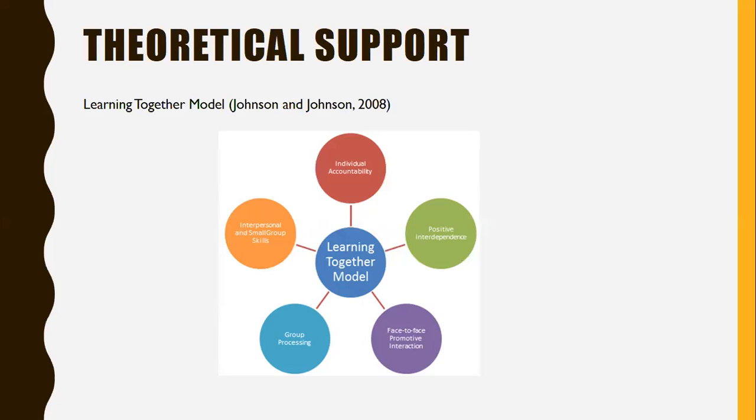The face-to-face promotive interaction part is very interesting because in small groups, children can share their ideas about the topic we are learning.